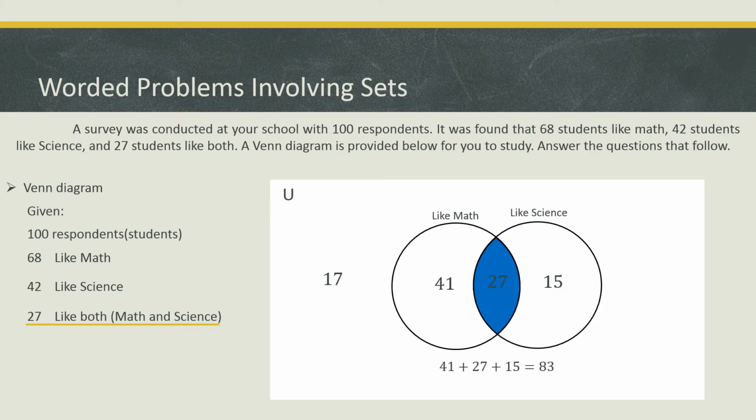But since they like other subjects, not science and math, they are outside. So if we total all of them, that is 83 inside your subsets, your like math and like science, plus 17, so you have 100 students inside your universal set. Okay? So in your Venn diagram module or whatever module you are holding, maybe there are also questions.